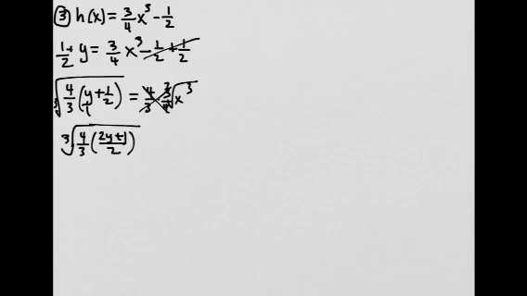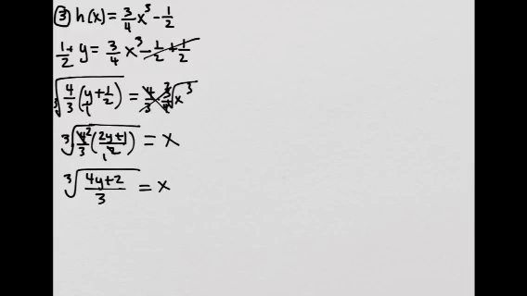So now I'm going to distribute, I can reduce the 4 and the 2, so 2 goes into 2 once, and 2 goes into 4 twice. So then we have, and it equals x. So now I have cube root of, I'm going to multiply across, so I get 4y plus 2 over 3 equals x.